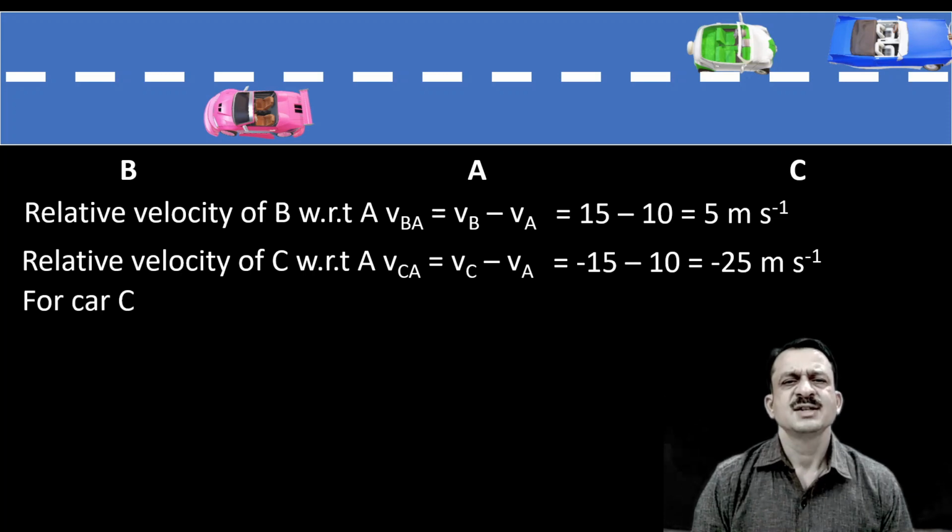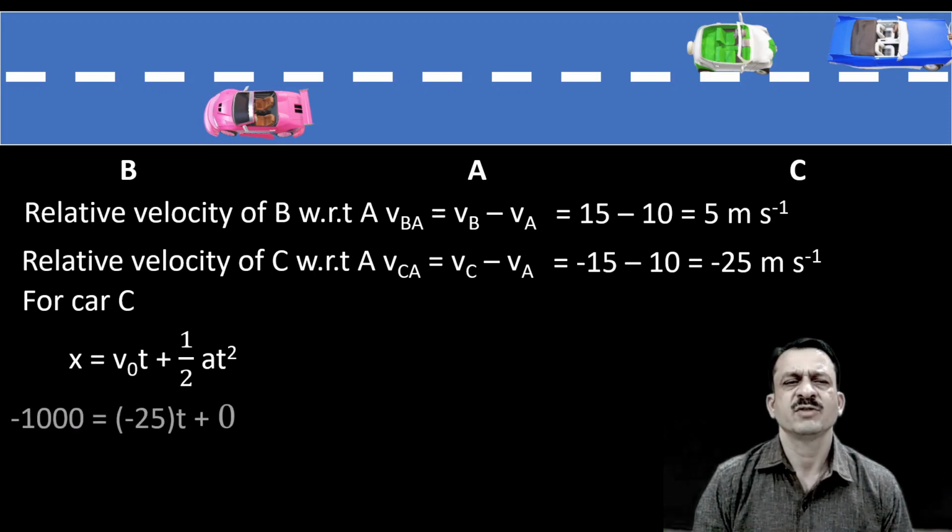Now for car C, the distance travelled is 1 kilometer, that is 1000 meter. We will work out the time taken by car C. Therefore x is equal to v0 t plus half a t square. Since car C is not moving with an accelerated motion, a is 0 for car C. Since car C is traveling in the opposite direction, the distance traveled is taken as negative, therefore its displacement is in the opposite direction.